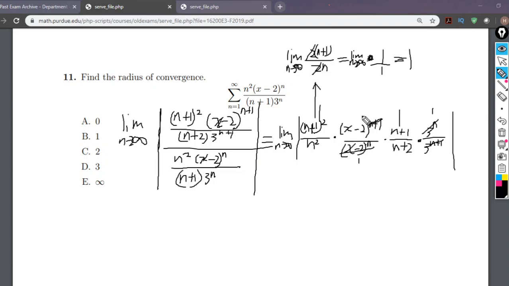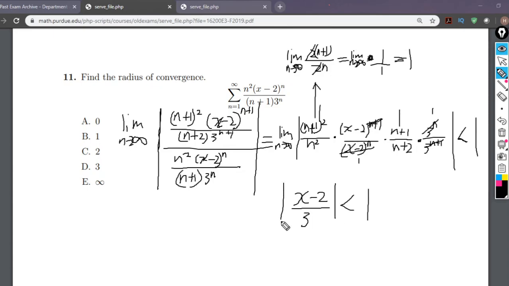So we have x minus 2 here over 3. So all of this, to converge, should be less than 1, which is how ratio tests work. Now we have eliminated all the n's, so the limit is no longer useful to us. So we can just say x minus 2 from here divided by 3 from here is less than 1.